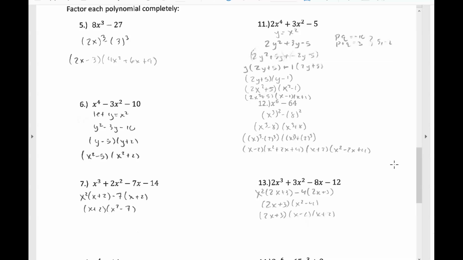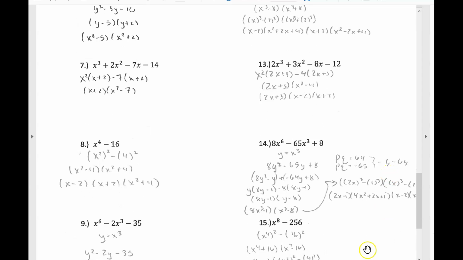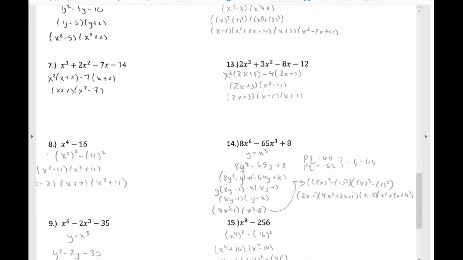Thirteen is 2x plus 3 times x minus 2 times x plus 2. 14 is 2x minus 1 times 4x squared plus 2x plus 1 times x minus 2 times x squared plus 2x plus 4.